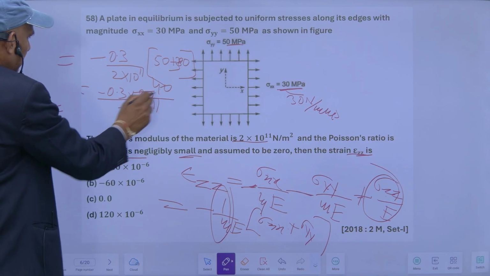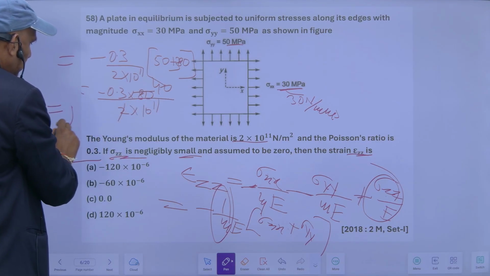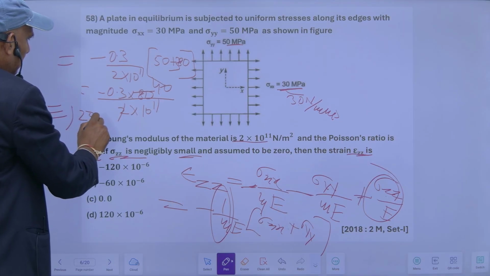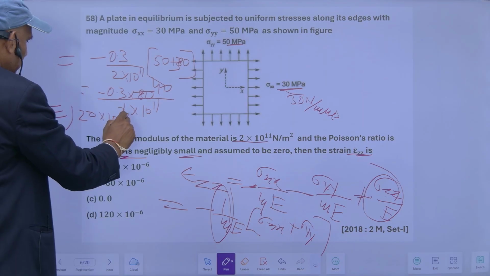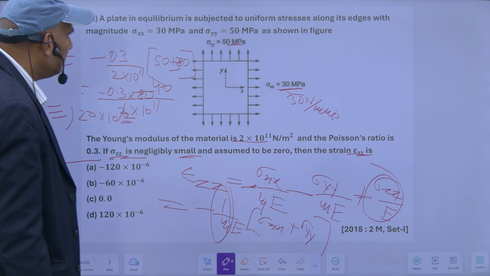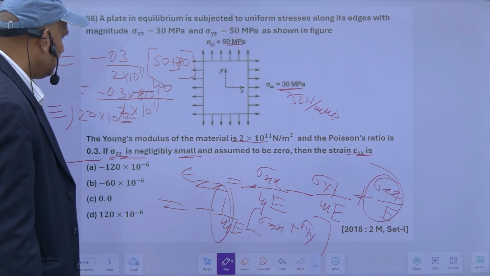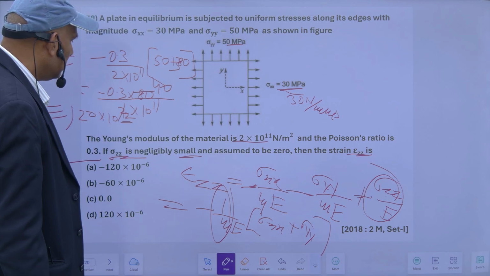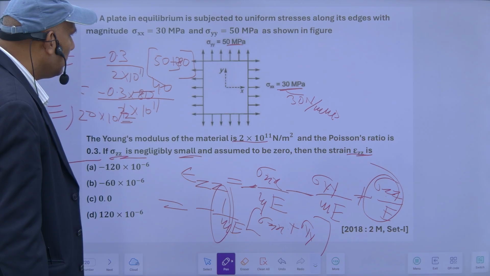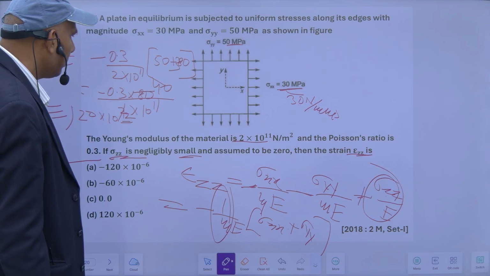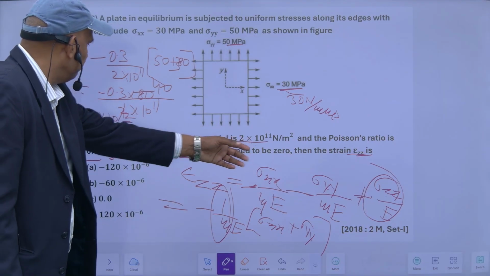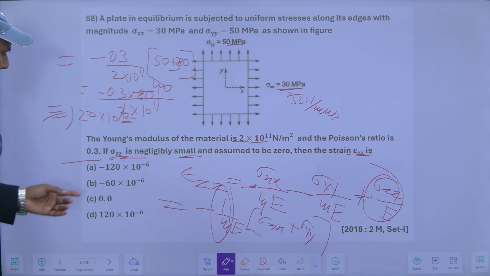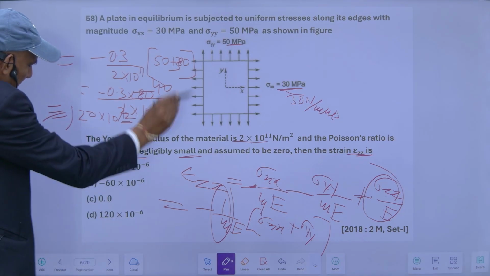It will be 120 raised to the power 12. So it will be minus, number 1 and 120. So minus 120 means this is the correct answer.